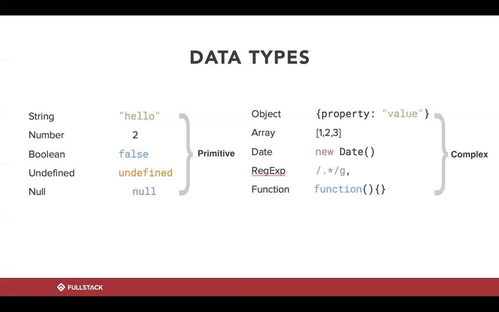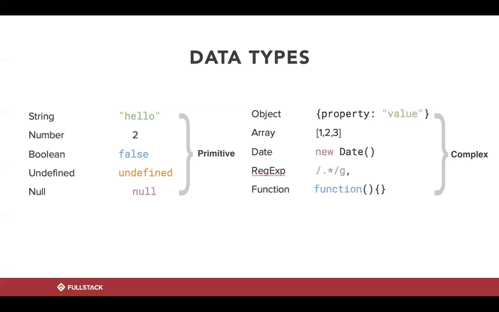Then we have complex types. These are structures that combine primitive data types, or they do things to primitive data types. We have an object, which is a key value pair. It's a data structure that can hold many different pieces of primitive values. We have arrays, which is an ordered list of values.